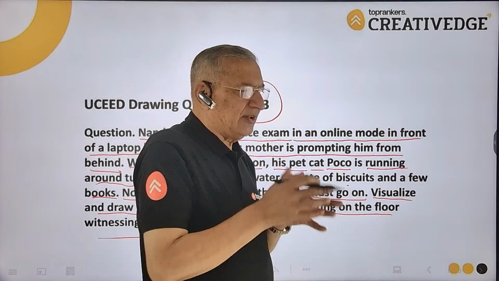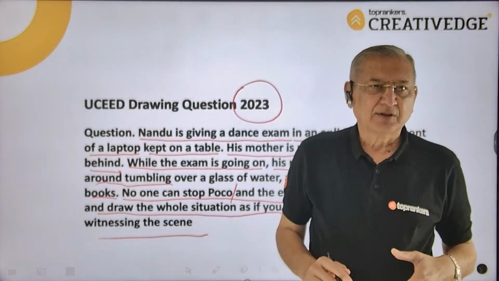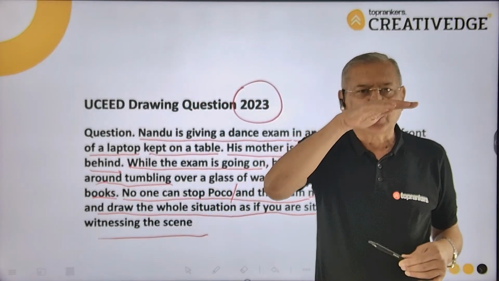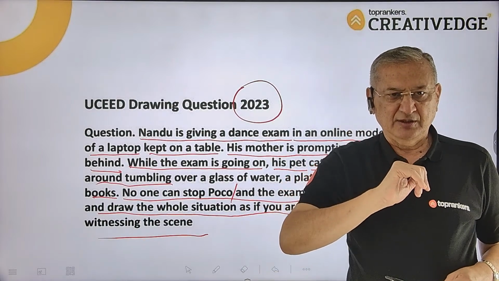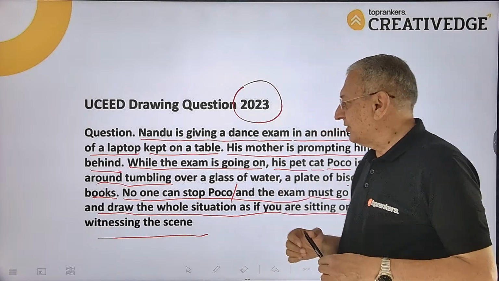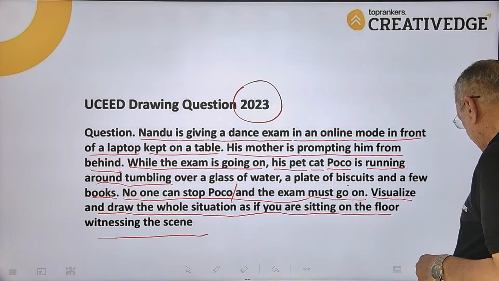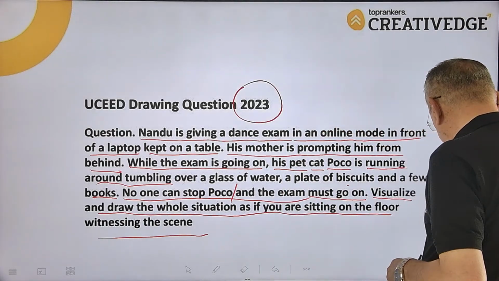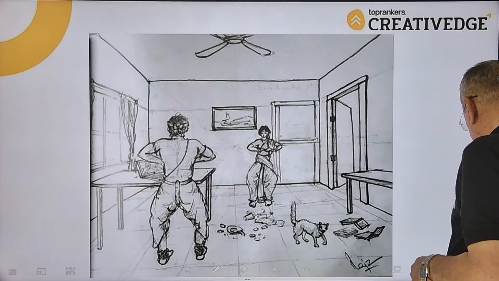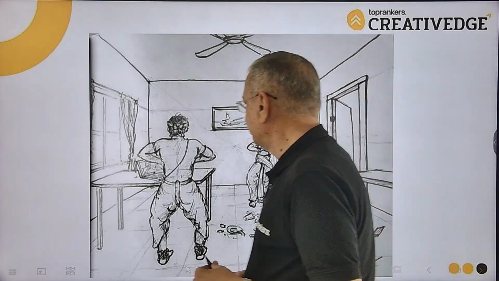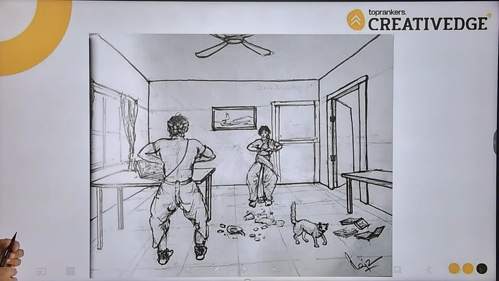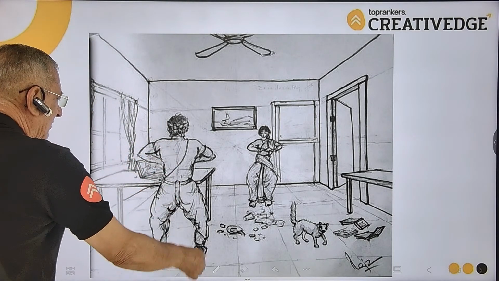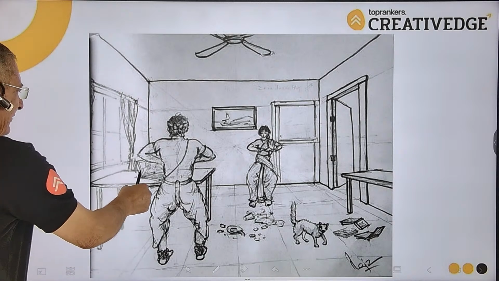As you think of this answer, sitting on the floor, that means your eye level is down below. Okay? So let us first look at the picture I have drawn for you. You see Nandu giving the exam in front of a laptop.